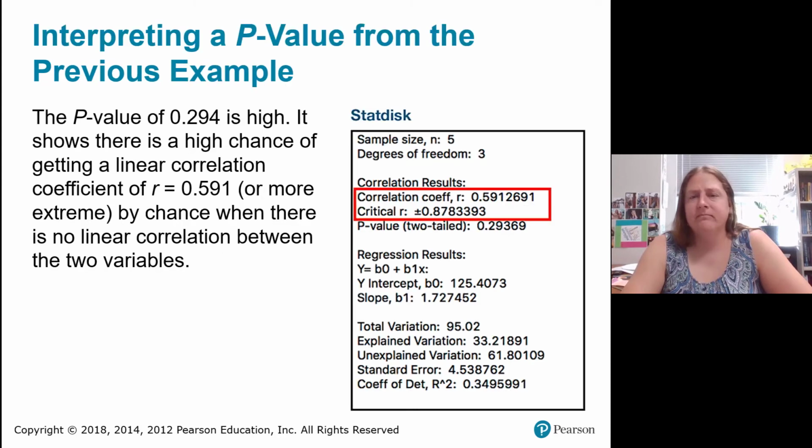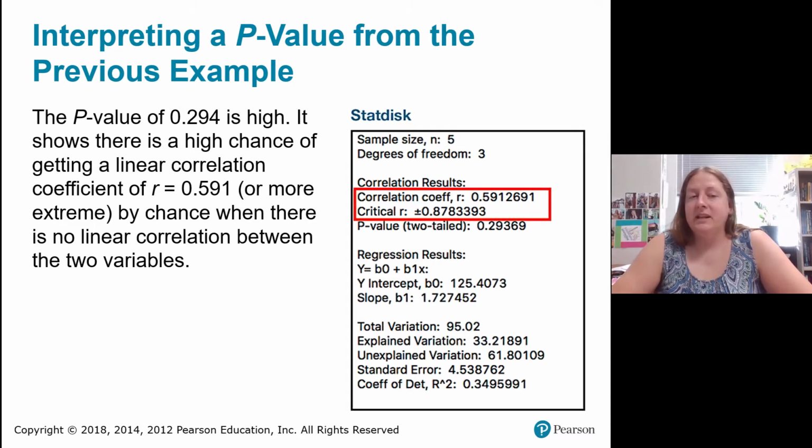So let's look at that value. Looking at the p-value output, which is right underneath of that red box, we see that the p-value is 0.29369, or we could round it to 0.294. 0.294 is pretty high for a p-value.